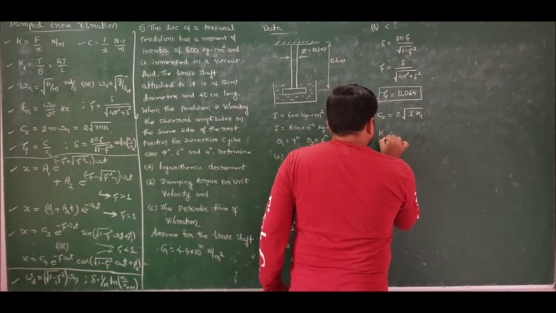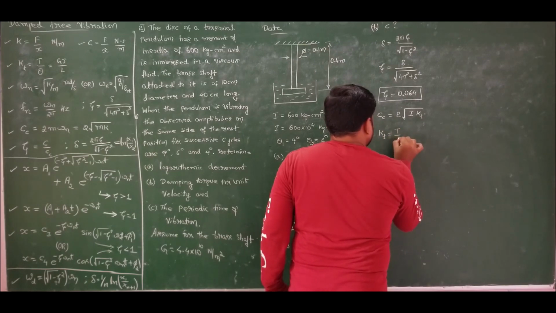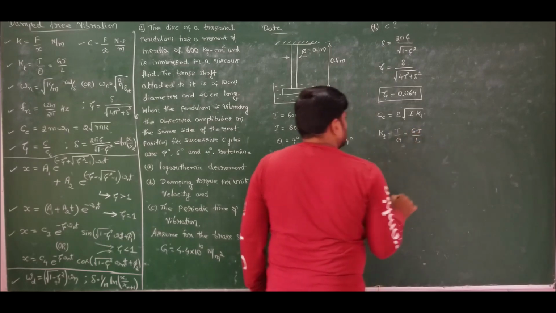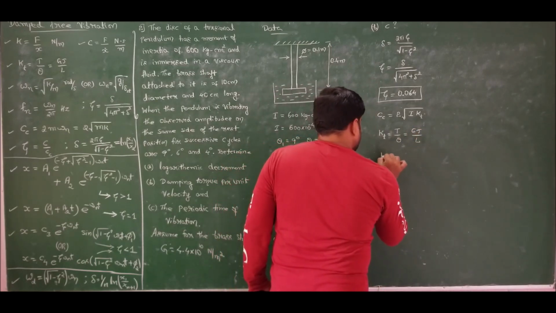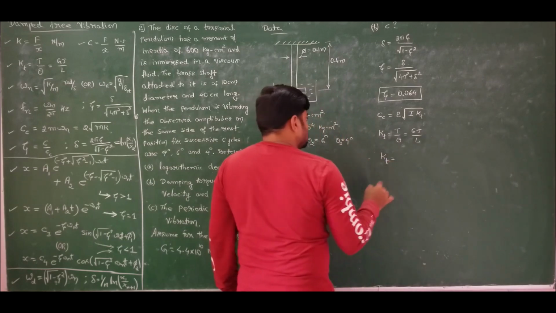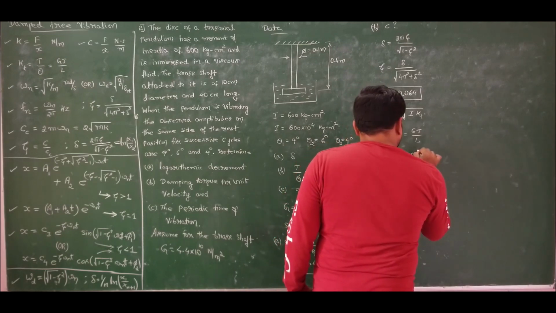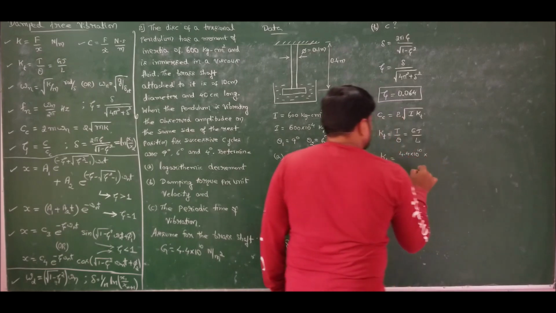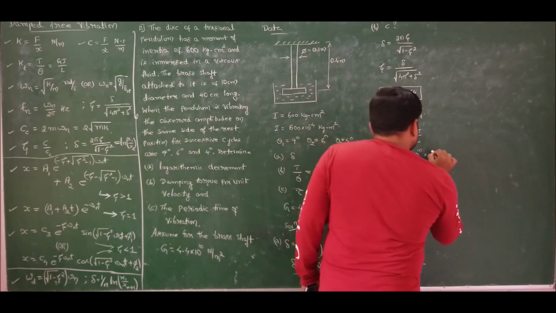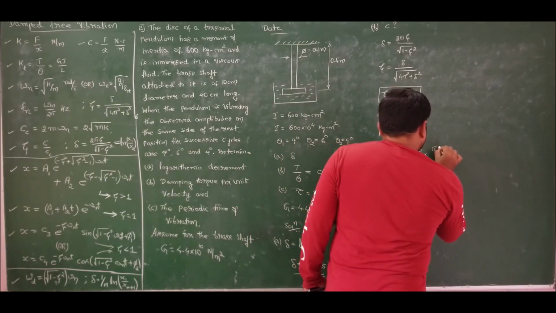So torsional stiffness can be written as force per deflection, that is torque by theta, which is nothing but GJ by L. Hence kt can be calculated as G is known, 4.4 into 10 to the power of 10, into the value of J, which is pi d power 4 by 32.